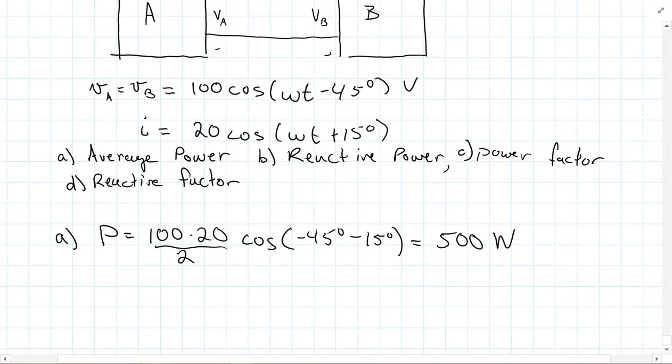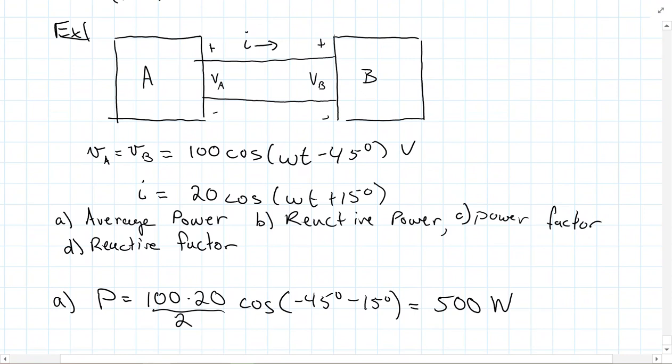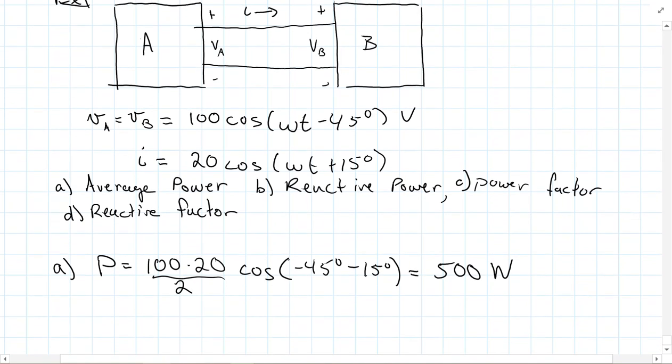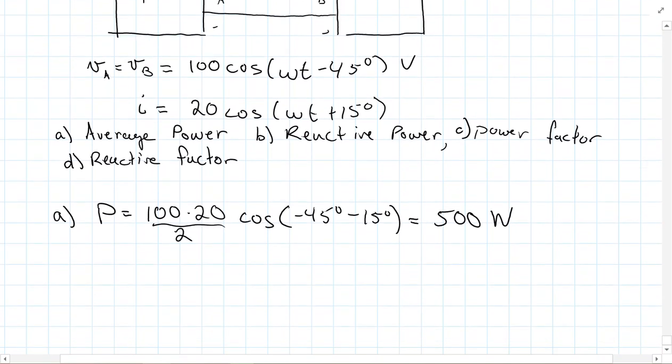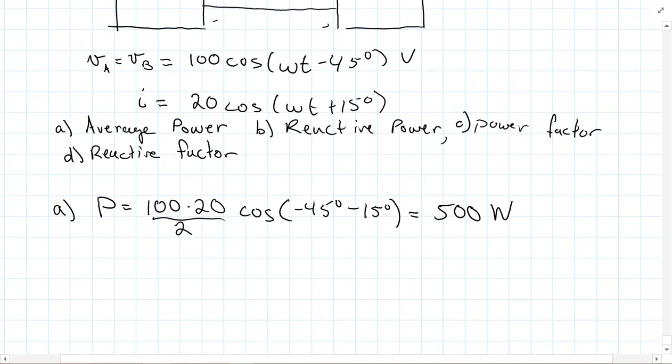Now, does that mean that 500 watts is being delivered from A to B, or is it being delivered from B to A? Well, if we think about where the current arrow is going, it's going into the positive side of this voltage here. So that means B is absorbing average power.